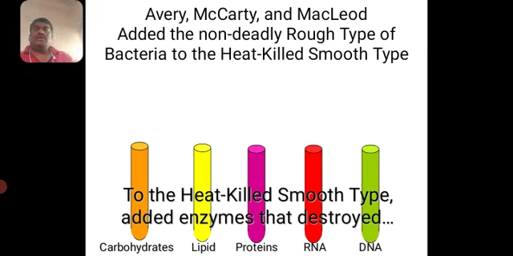So the transforming principle was not protein. In the fourth tube, the mixture of 2 strains plus RNase enzyme, which destroys RNA, is injected to the mice. The mice die. It means from those 4 tubes, the transforming principle was not carbohydrate, lipid, protein or RNA.